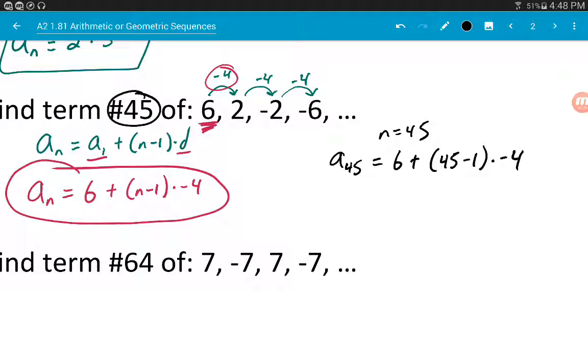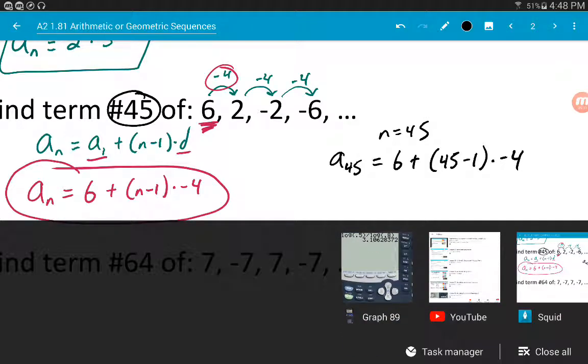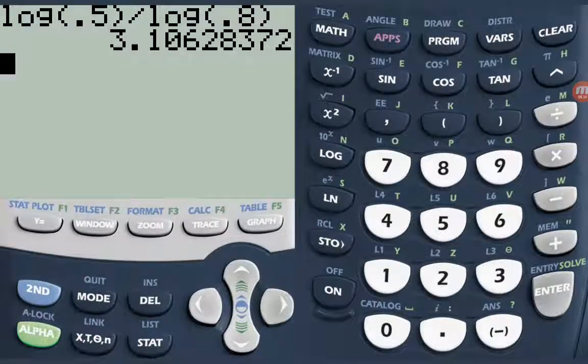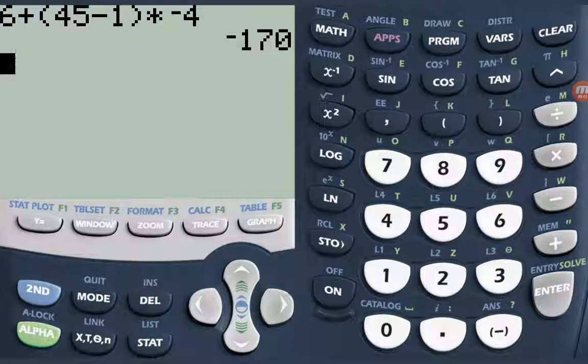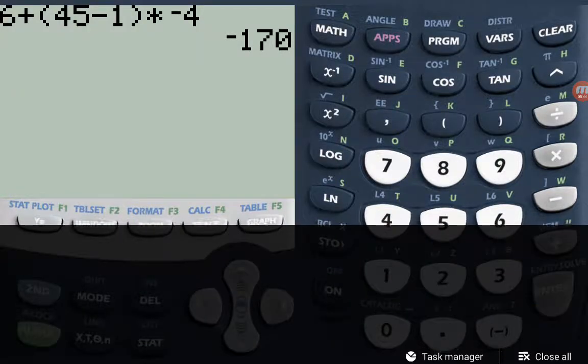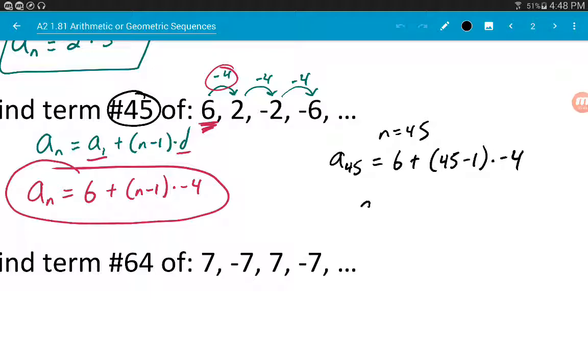And I can actually plug this right into my calculator, as long as I do it the way that I have it right here. 6 plus 45 minus 1 times negative 4. Enter. Negative 170. So A sub 45 is equal to negative 170.